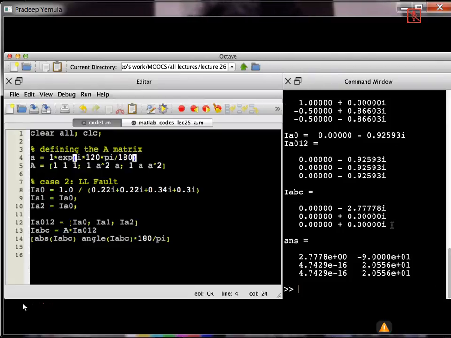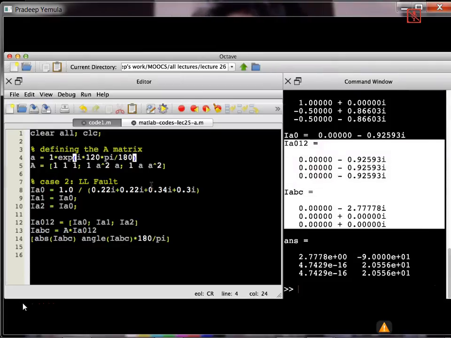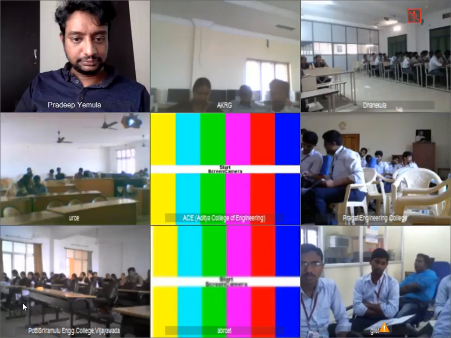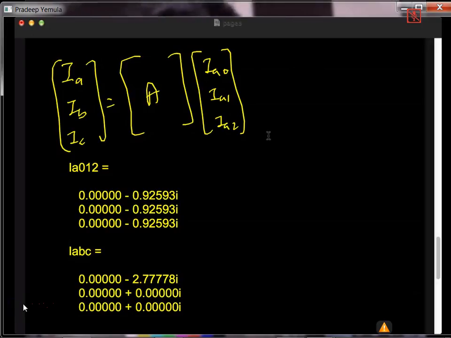So let me just copy this to my previous code. This is from code.